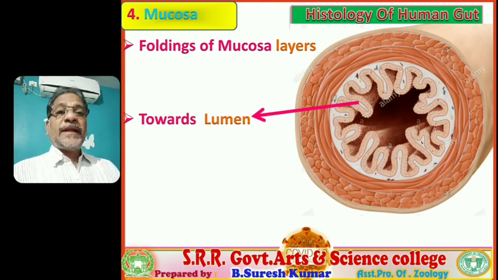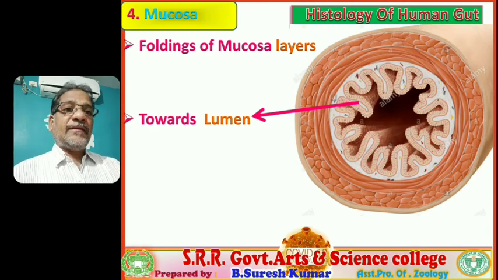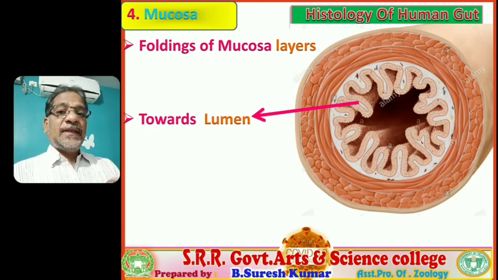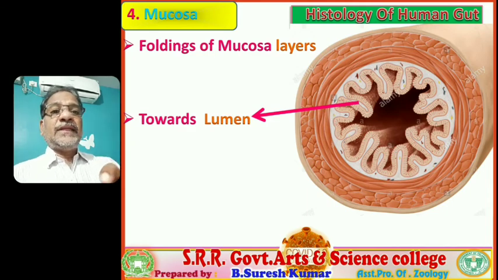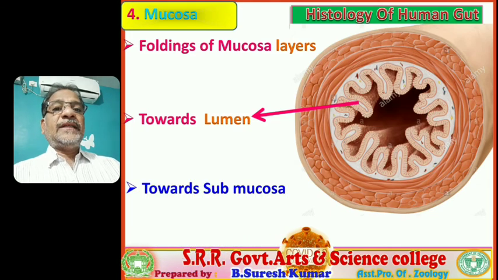Some foldings extend towards the lumen of the alimentary canal. Lumen means the empty space present inside the gut. So some of the foldings extend towards the lumen of the gut, and some of the folds towards the submucosa. You observe the visual.